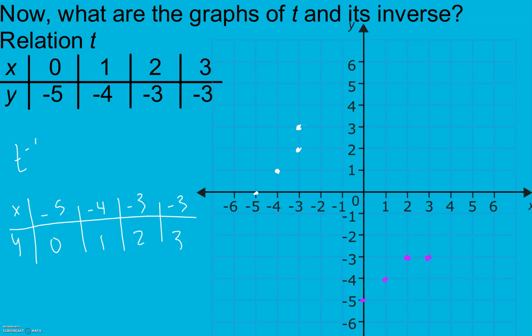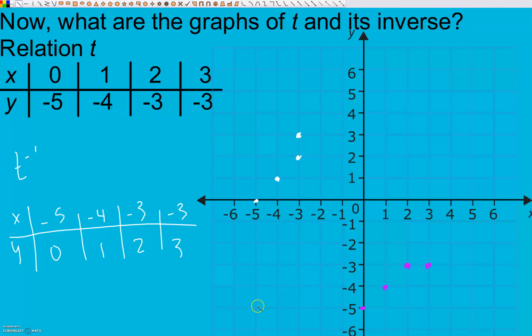And again, if we were to draw in that line, and we had wet paint on these pink ones and folded it over that, they would have landed on these white ones. So they were a reflection over the line y equals x.